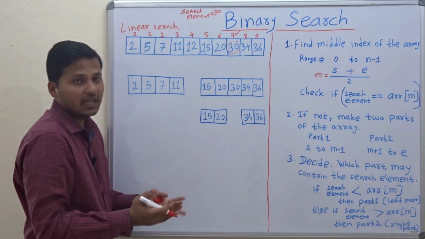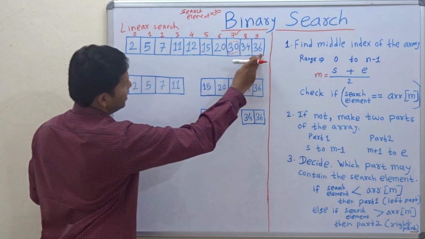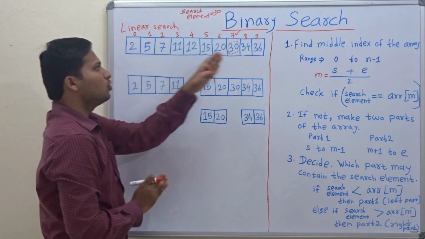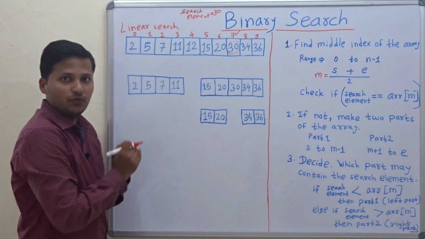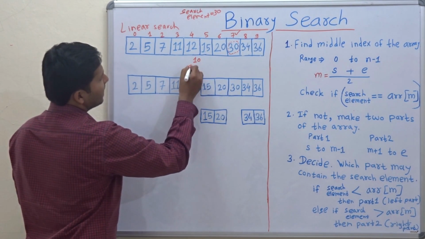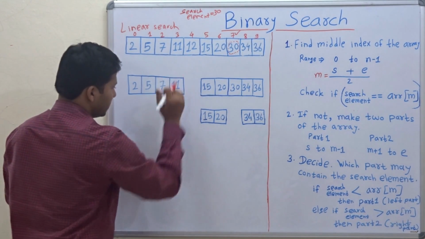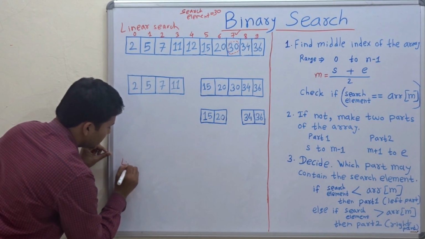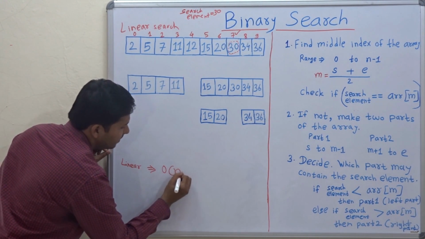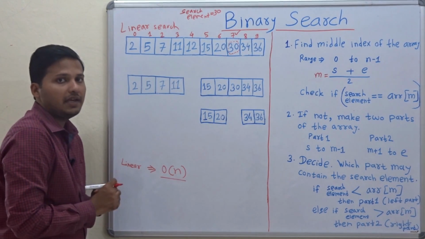In the worst case, if your element lies at the 9th memory location in this array, then you will go from 0 to 9, which means you will access 10 memory locations. That means in the worst case the linear search time complexity is O of n. N is the number of elements in the array.